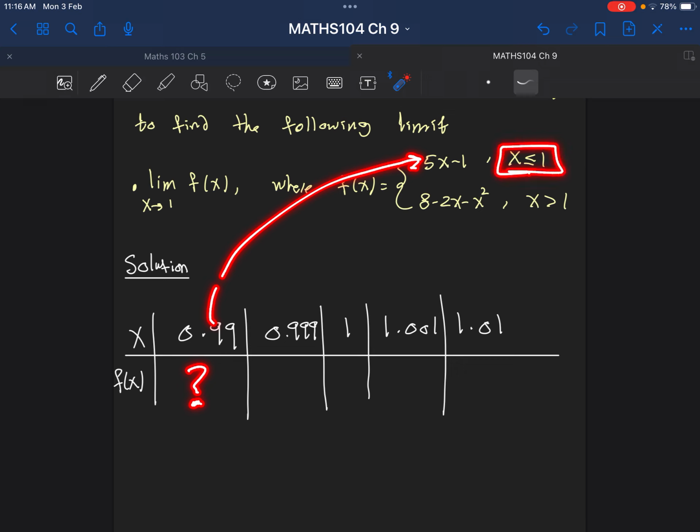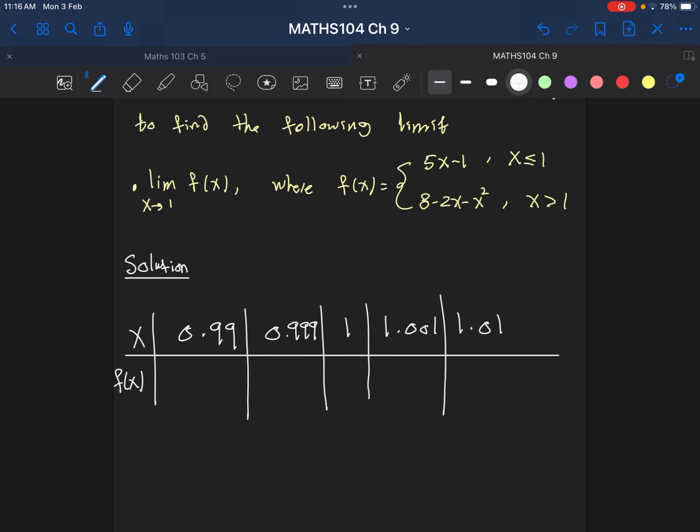So in the calculator, we multiply 5 by 0.99 minus 1. Whatever the number, we will write it down. It will be 3.95. Let me do it in a different color so that we can see.